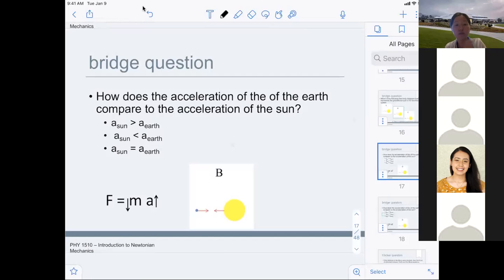That is responsible for keeping the Earth in orbit, but the gravitational force from the Earth on the Sun barely did anything to the Sun because the mass of the Sun is very large. So the acceleration of the Sun is so much smaller than the acceleration of the Earth, because we used Newton's second law, right?